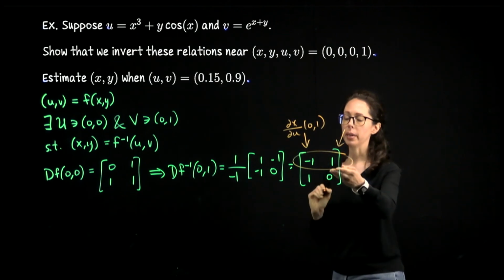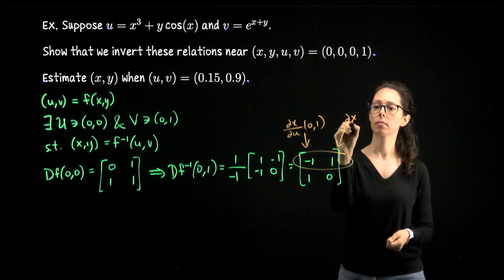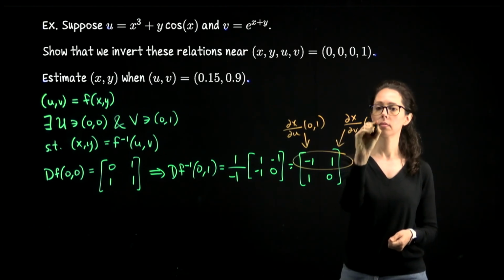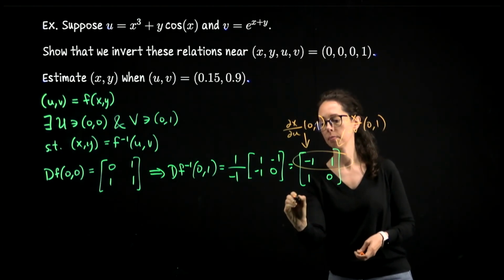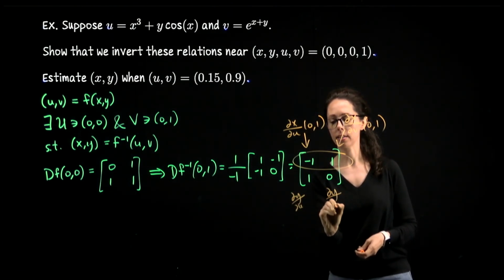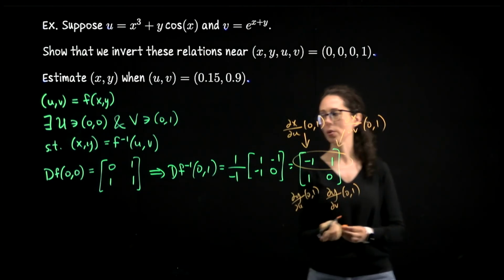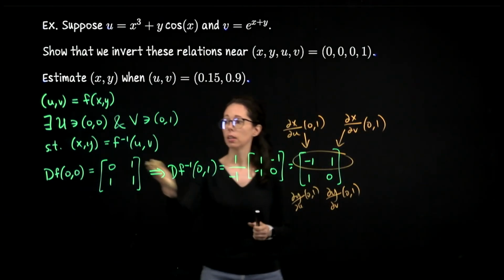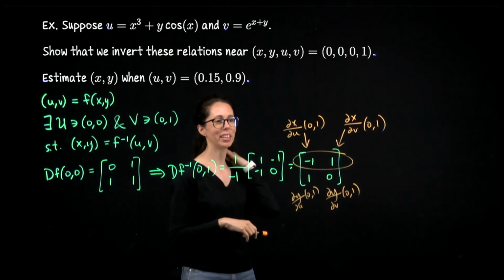This entry up here in the top right corner is dx dv. And then down here, we have the partial derivatives of y with respect to u and v at the point 0, 1. So again, I can't work out what these coordinates are, so I don't know the inverse function, but I do know its partial derivatives. I just think that's really neat.